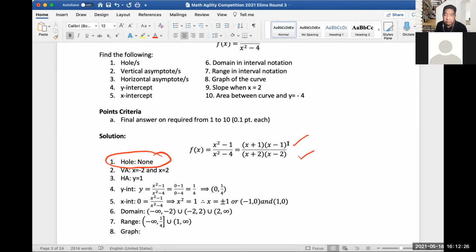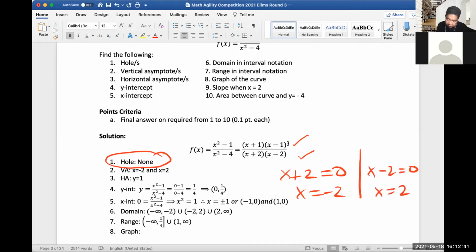So if we let x plus 2 equal to 0, this would be x equals negative 2. So that's one of the vertical asymptotes. And the other one is x minus 2 equals 0, so this is x equals 2. So we have two vertical asymptotes, which we already listed here in item number 2: x equals negative 2 and x equals 2.